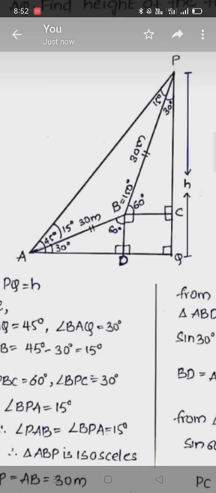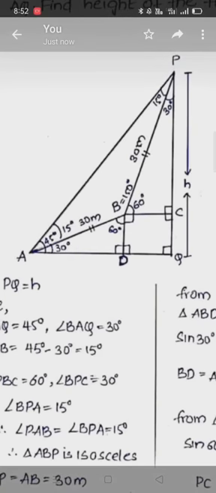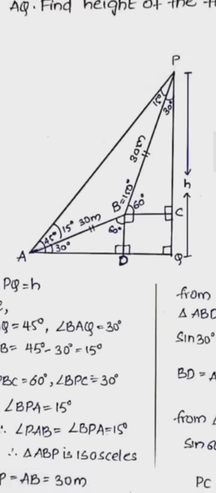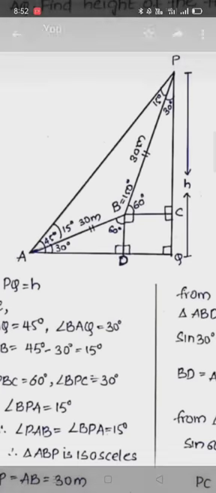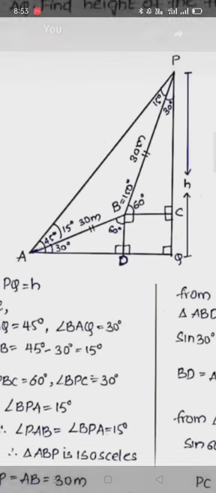This is the elevation angle from A to B, 30 degrees. Regarding the triangle ABD, at D we have the right angle, and here we have 30 degrees. The remaining angle must be what? 60 degrees.